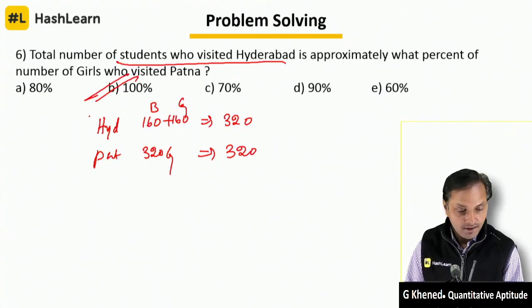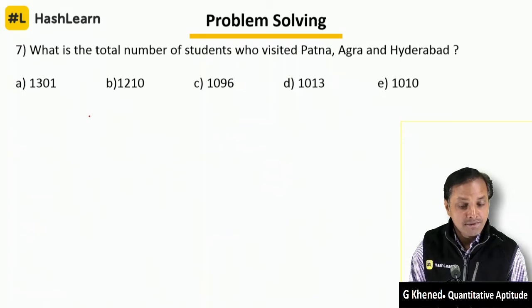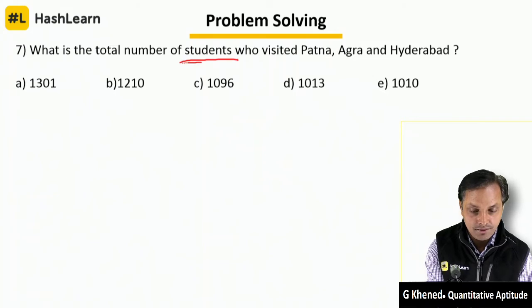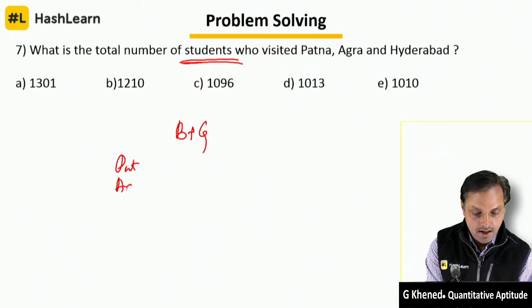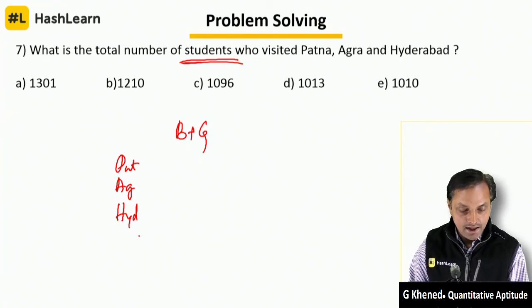Next comes 7. What is the total number of students who visited Patna, Agra and Hyderabad? The total number of students means boys plus girls you need to add, for Patna, Agra and Hyderabad. So let us do the calculation quickly.